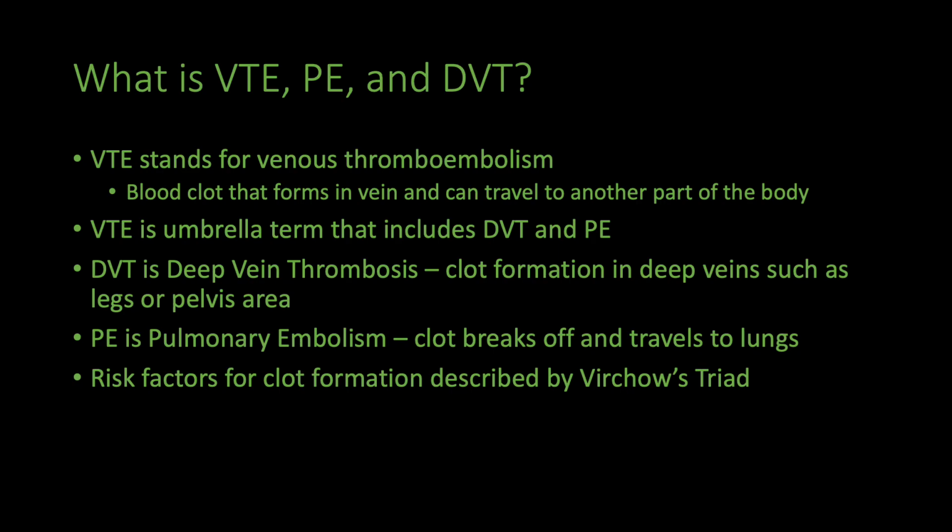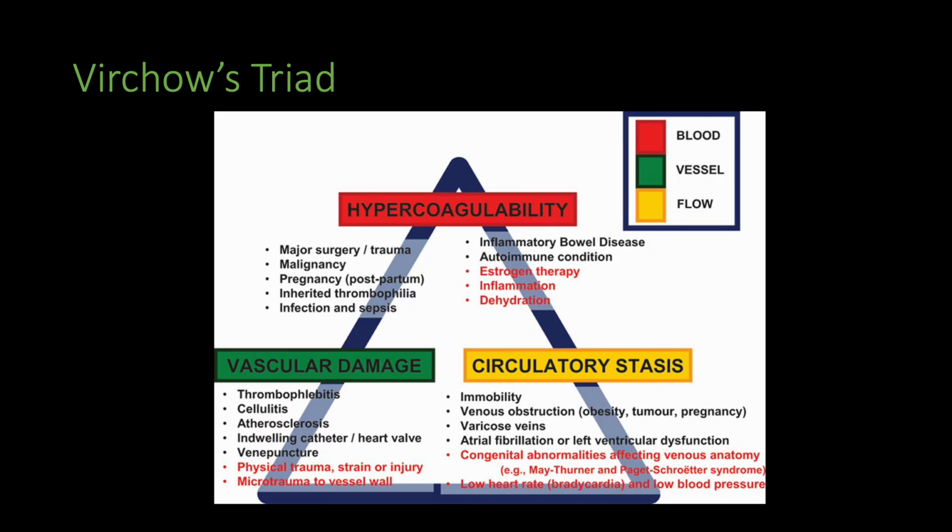There are some risk factors that might lead to VTE, which is usually described by something known as Virchow's triad. So you'll see a diagram here. This is the Virchow's triad, and what it's showing is three different sections. You've got hypercoagulability.